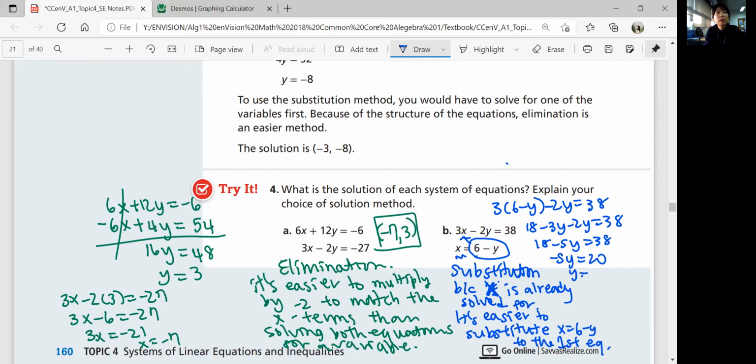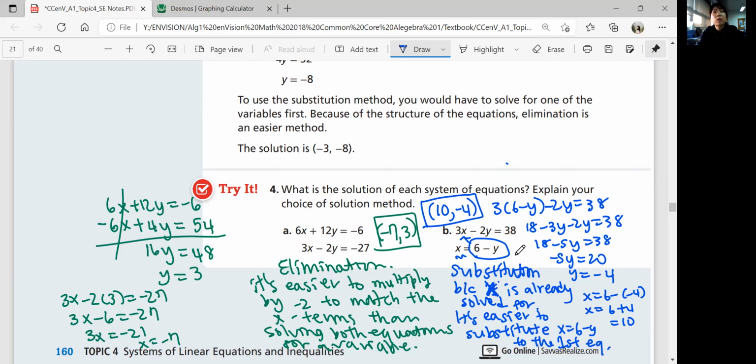And then y is equal to -4. Okay, and then you're going to plug it back into your second equation. X is equal to 6 minus y, which is -4. So x is equal to 6 plus 4, which is 10. Okay, so your final solution is 10, -4.